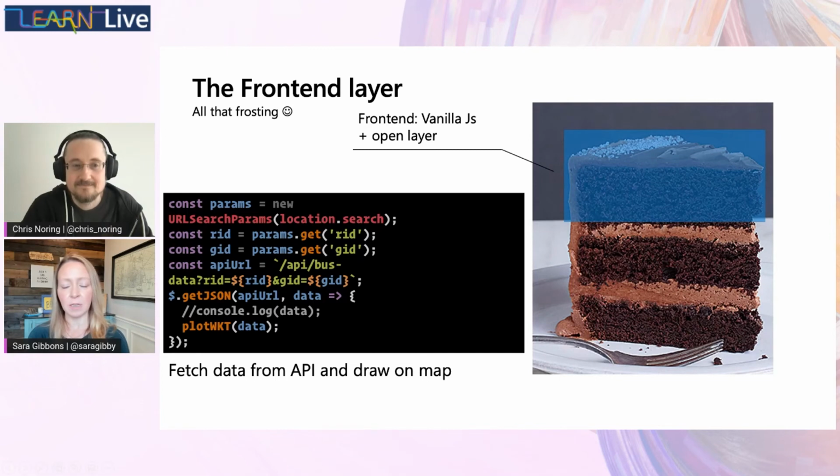This isn't in the module, not something you need to write or update. It's just to raise awareness of how this is working. So we've got some IDs here that we want to search for, and then the API URL. We're going to get the API bus data and give it the IDs we want to look for.